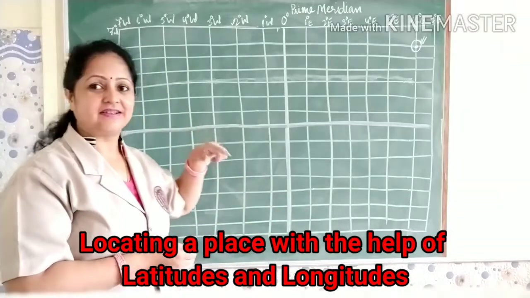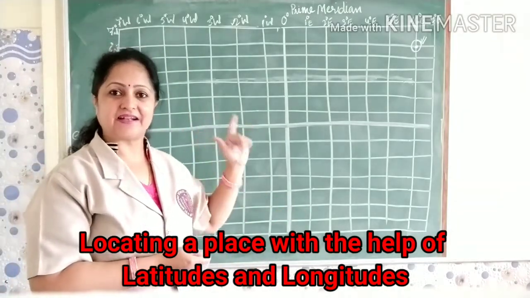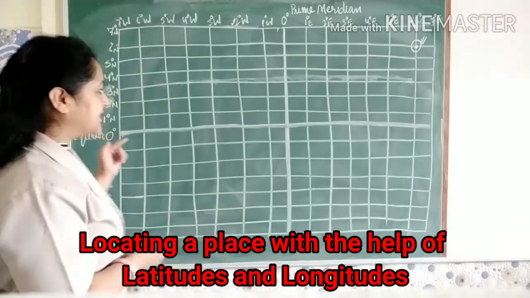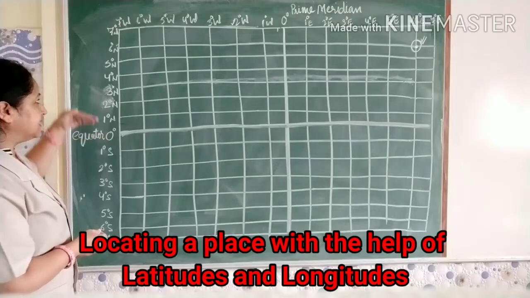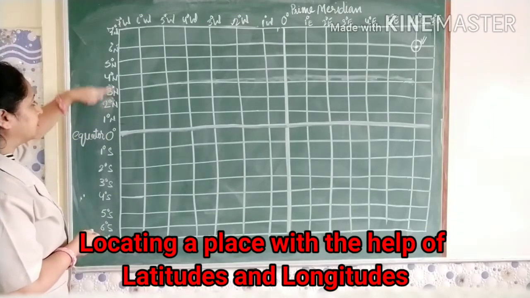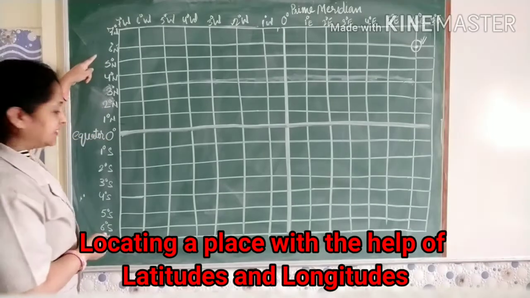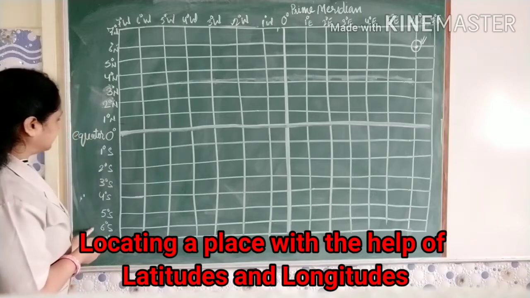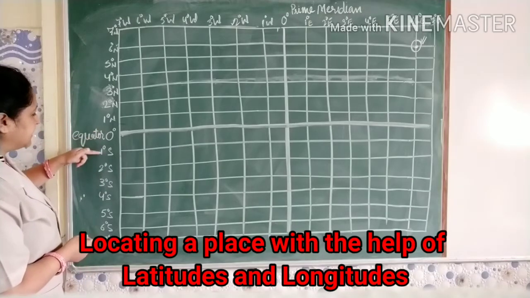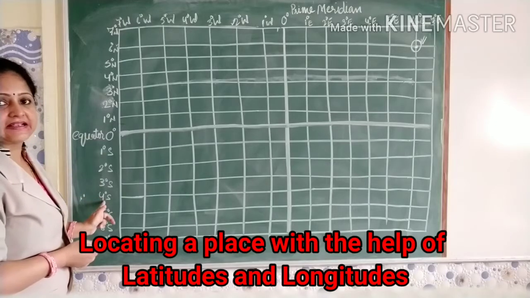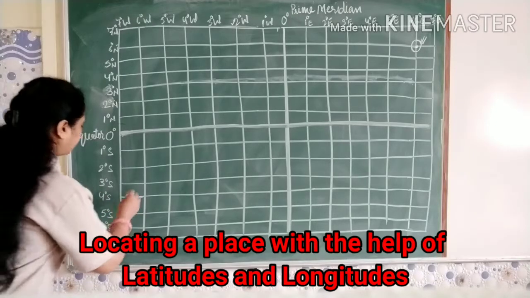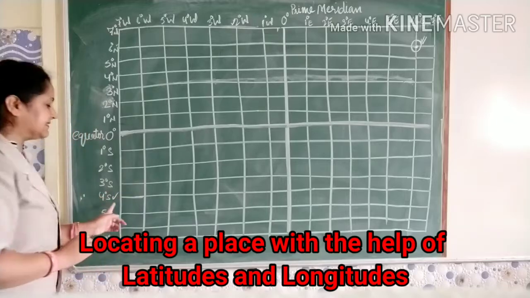S means south, means the latitude. So let us find the place here. From the equator 0 degree, this is our northern hemisphere, all N lines are there, all S lines are there. So from 0 degree, 1 degree S, 2 degree S, 3 degree S, this is our 4 degree S. So we have already found our 4 degree S latitude.